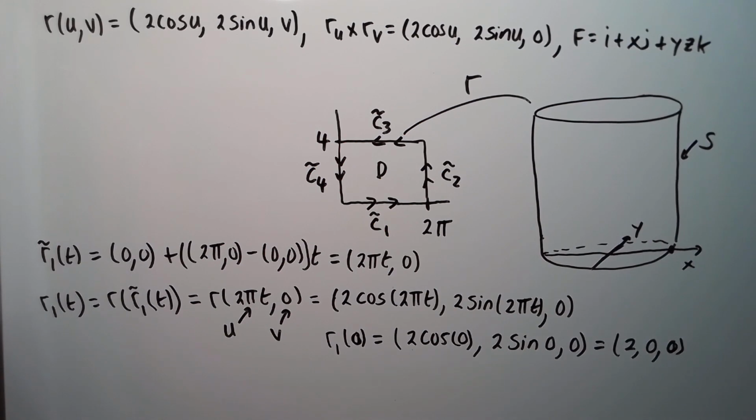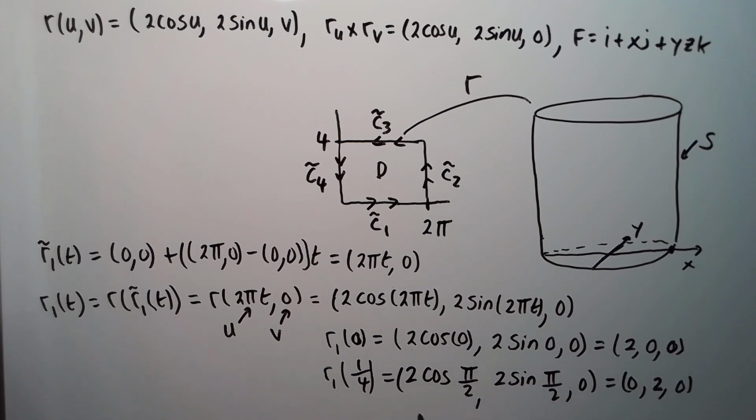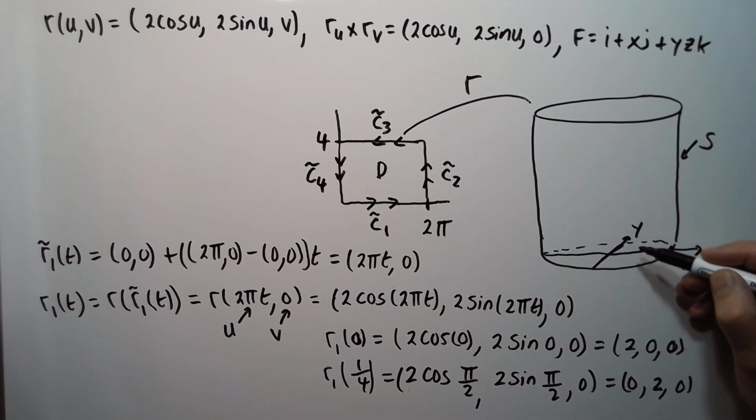Let's actually do, say, instead of 1, let's do 1/4 for t. So putting 1/4 in, you'll have 2 cosine pi over 2, 2 sine pi over 2, 0. Cosine of pi over 2 is 0, sine pi over 2 is 1, so it'd be (0, 2, 0), so it'd put you up here.